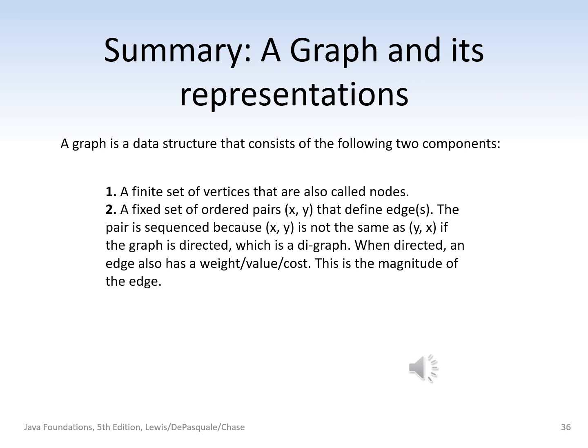And in the case of a directed graph, the pair is sequenced such that xy is not the same as yx. Remember, a directed graph has directional edges. A directed graph is also called a digraph. When a graph is directed, an edge has a magnitude, can be considered a weight, a value, a cost to get from one vertex to the next.